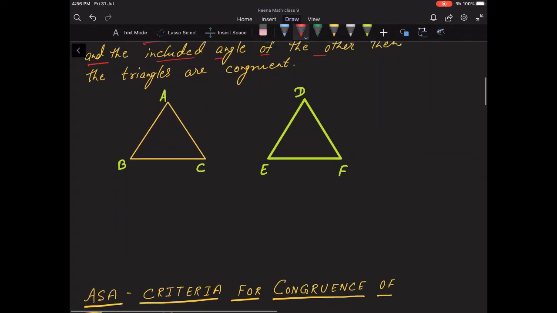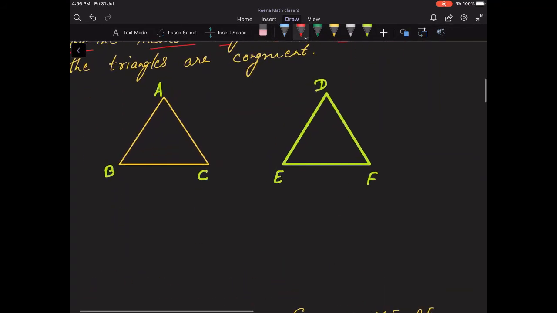Here I have taken two triangles ABC and DEF.